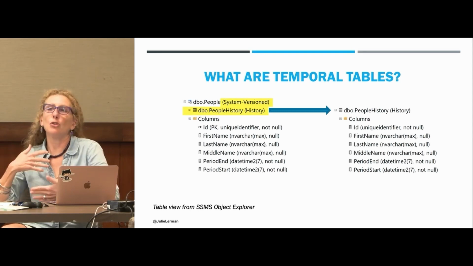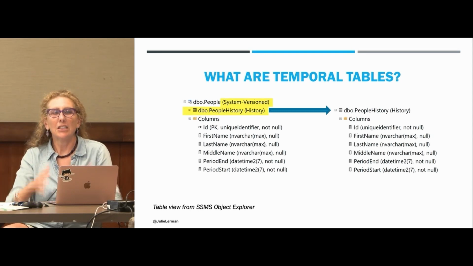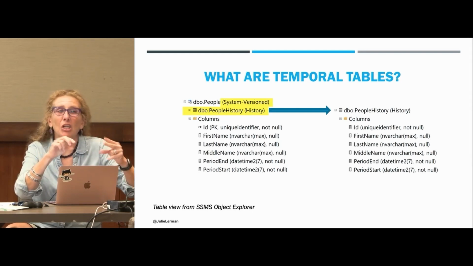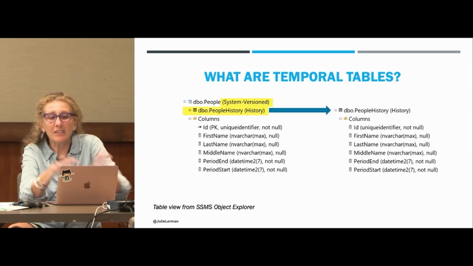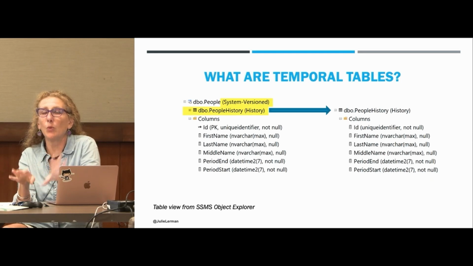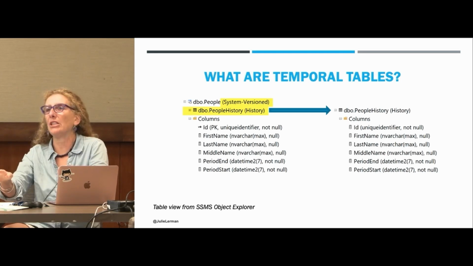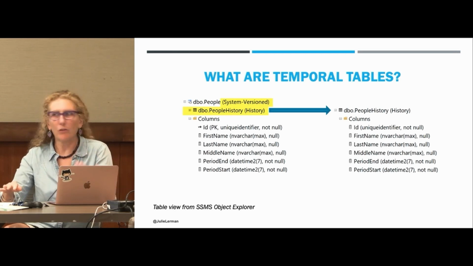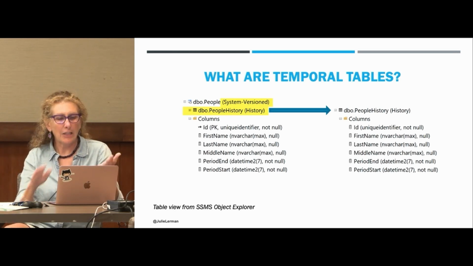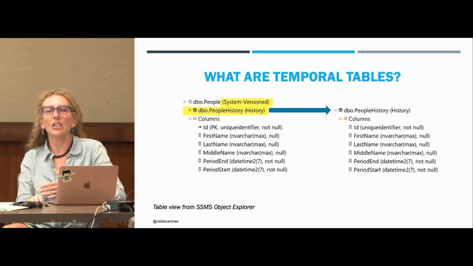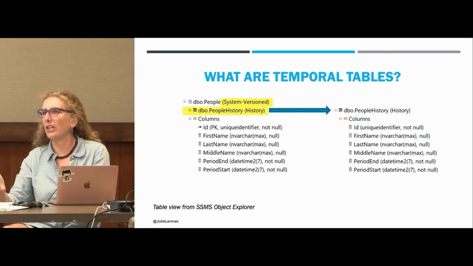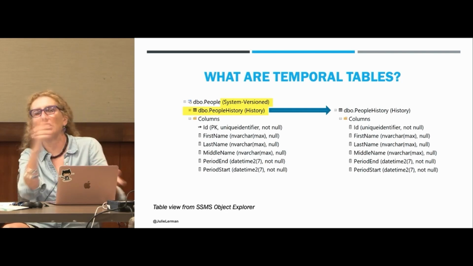Anytime you make a change to data, SQL Server will take a snapshot of what it was and stick it in the history table and say this was the data until this moment in time. So it was from whenever it started to this moment in time. And then the new version of the row says from this moment in time until the end of time, this is what it is. And the next time you do it, it updates again.